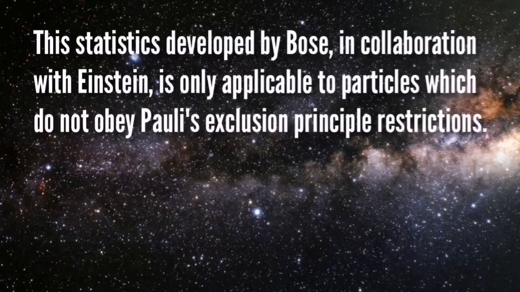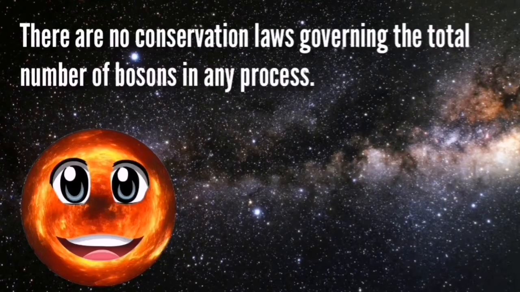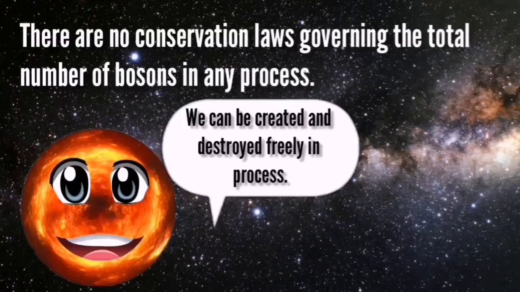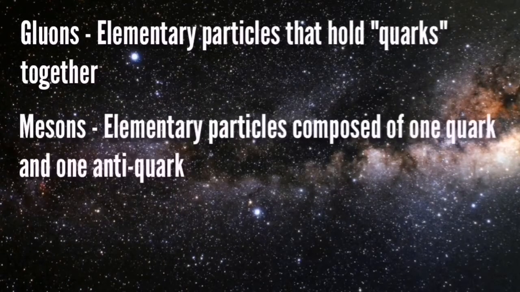As the statistics developed by Bose in collaboration with Einstein is only applicable to particles that do not obey the Pauli exclusion principle restrictions. There are also no conservation laws governing the total number of bosons in any process. We can be created and destroyed freely in a process. Apart from photons, gluons and mesons are some of the particles classified as bosons.